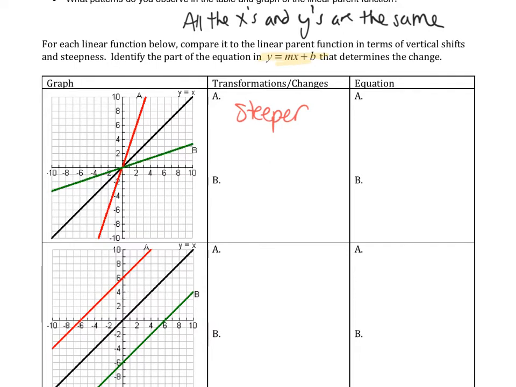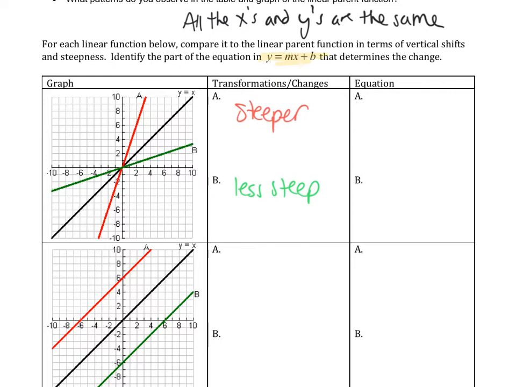We also notice that line B compared to the black is less steep. Do they move positions? No, one is not higher or lower than the other. They're at the same spot, still at 0, 0, but one is steeper and one is less steep than the other.